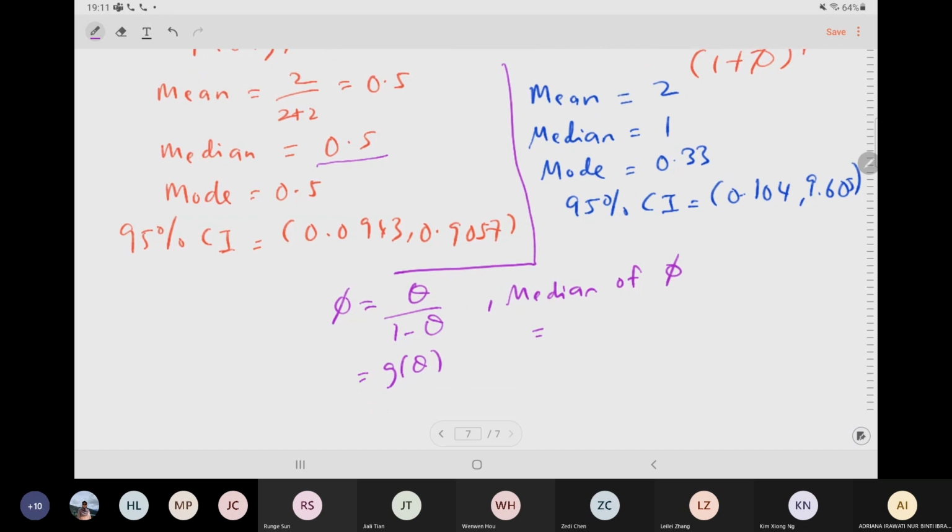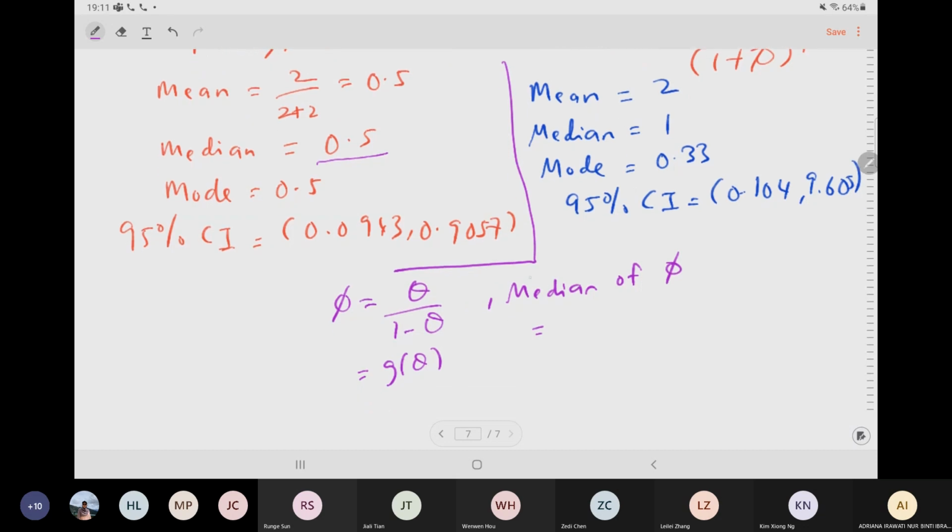If you put the median of theta inside your g theta function, using the same formula, meaning 0.5 over 1 minus 0.5, you get 1, which is the same as the median from the F distribution. This is why I say the median is invariant.